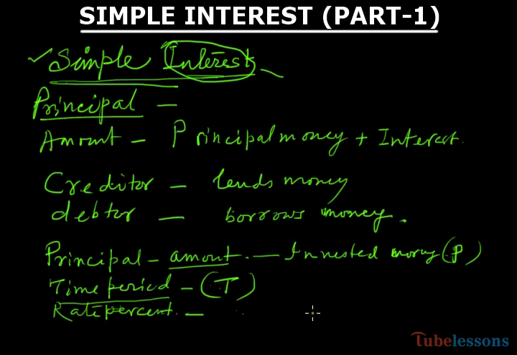Suppose the rate percent is 5%, it means ₹5 is earned after 1 year as interest when the amount or principal is ₹100.